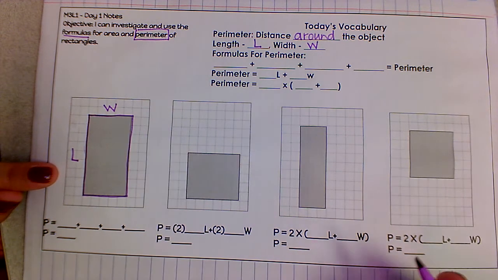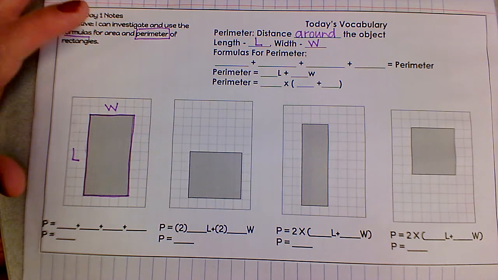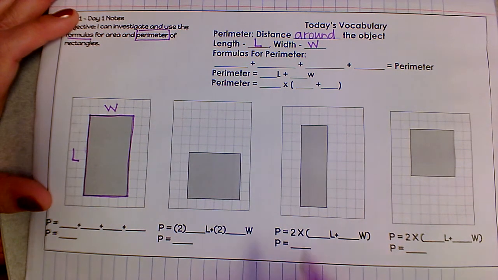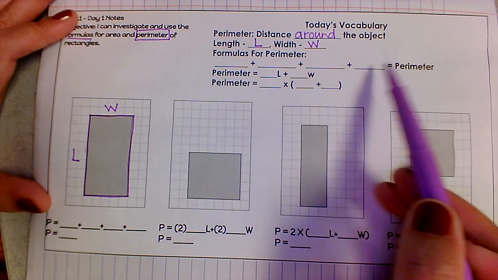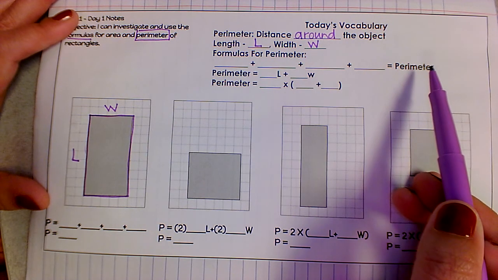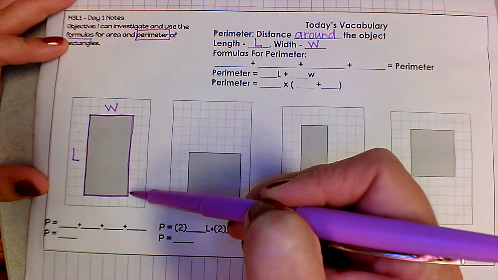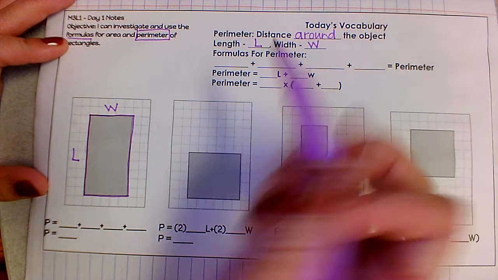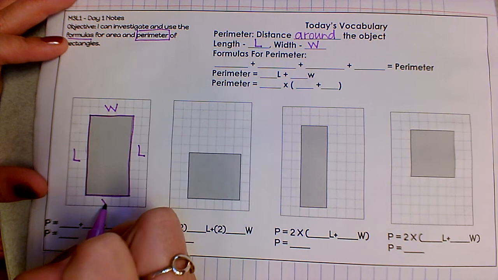Now, there are 3 formulas for perimeter that we're going to talk about today. And you all learned about this in 3rd grade. So it says formula for perimeter. It says blank plus blank plus blank equals perimeter. Well, remember I'm measuring the outside of this, right? So this side is also a length, and this side is the width.